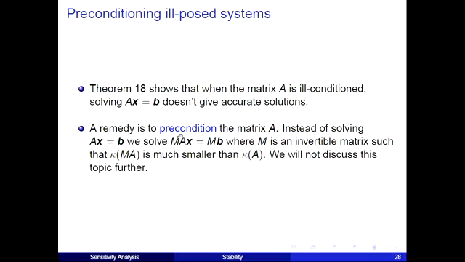You multiply the left and the right by some matrix M, and this matrix M will make the condition number of the product MA smaller than the original matrix. We are not going to go into details, but there's a way to fix that problem.